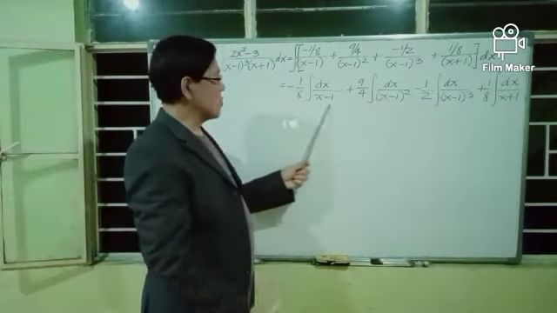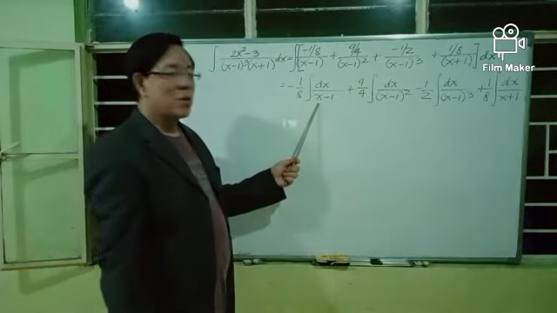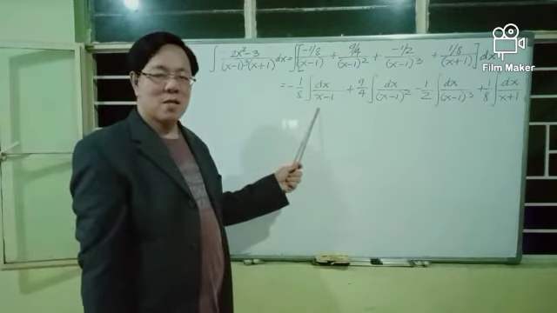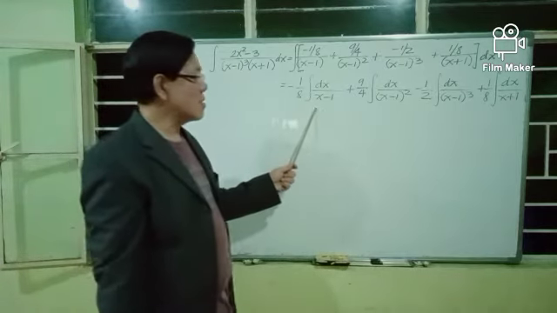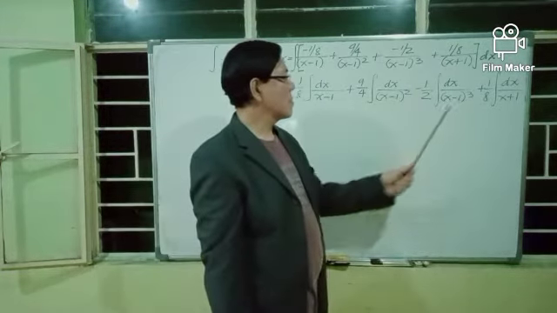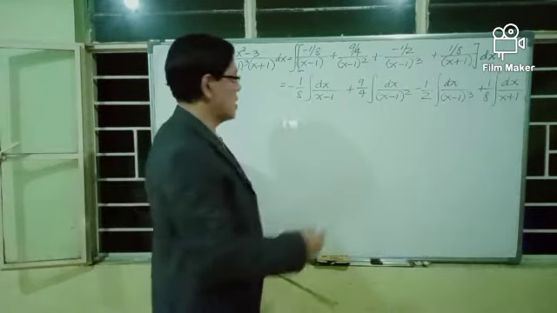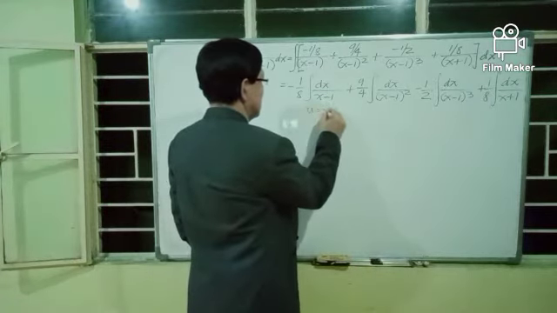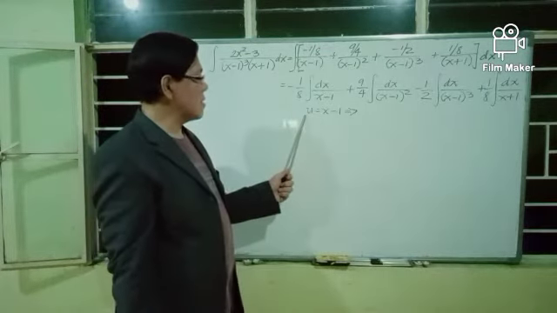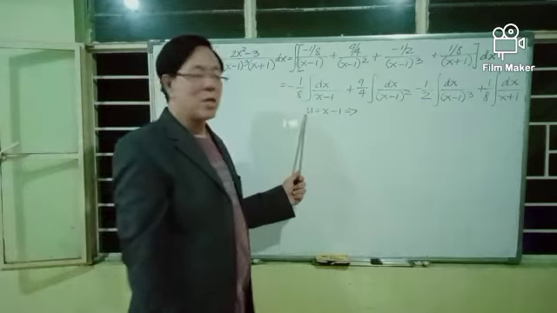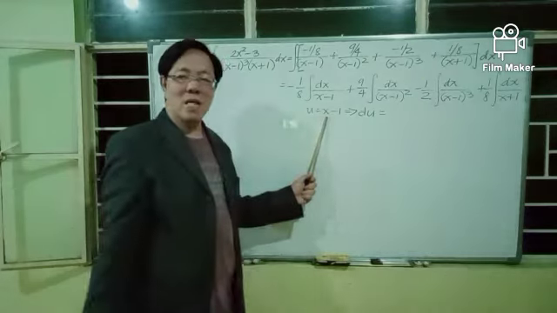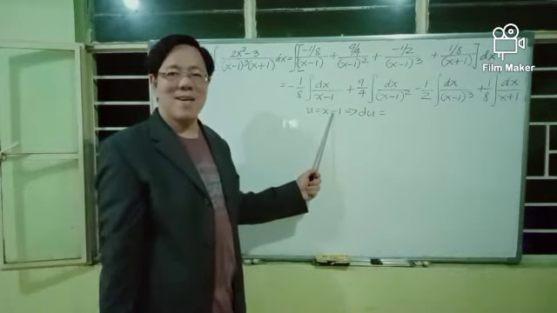To integrate each term at the right hand side, you may let u be equal to x minus 1. For the first three terms, you let u equals x minus 1, and differentiating both sides, you get du equals the derivative of x minus 1 with respect to x, which is dx.